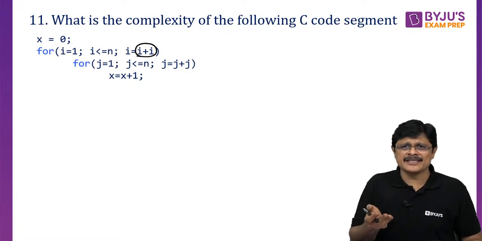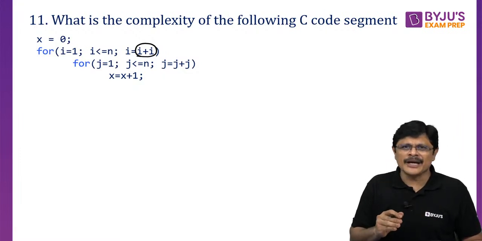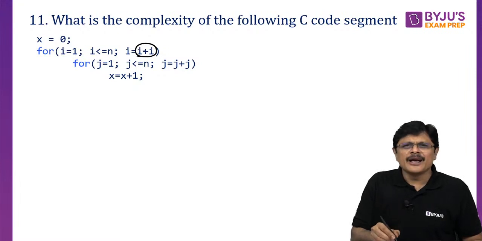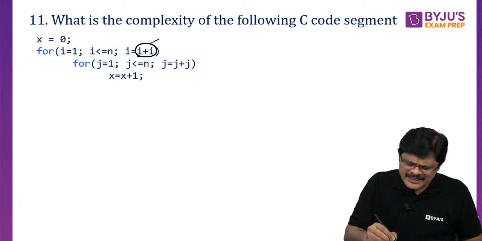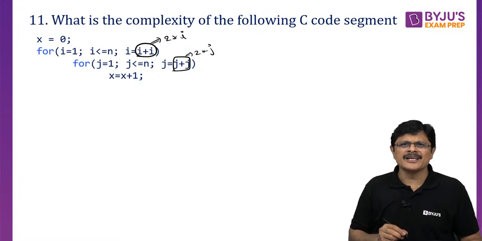Even in C language, the assignment is right to left, so 2I is assigned to I. It is equal to 2 into I only. This is also 2 into J only.